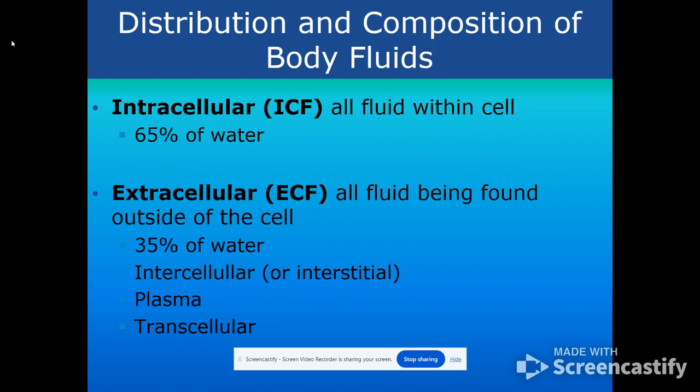Intracellular fluid, again, is found within cells, makes up 2/3 of the total fluid, and is vital to cell function. Extracellular, extra meaning outside, is outside of the cells. It is composed of the interstitial, as you have probably heard the term, plasma, and the transcellular. Those are the three compartments within the extracellular fluid.